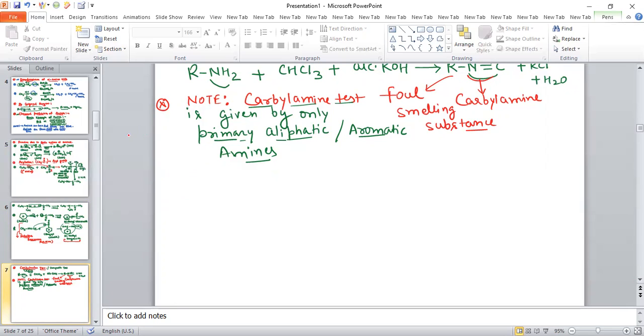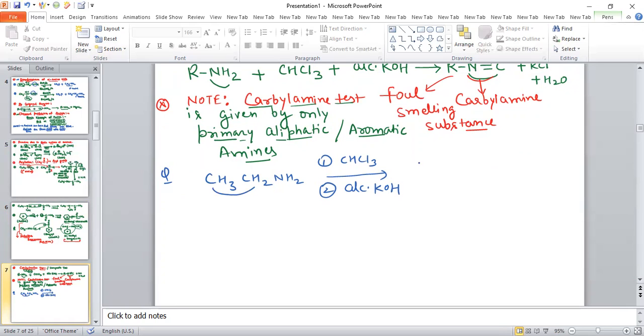So see the example related to this. If we have a compound like CH3CH2NH2, and we add chloroform to it and also add alcoholic KOH, what happens in this case?